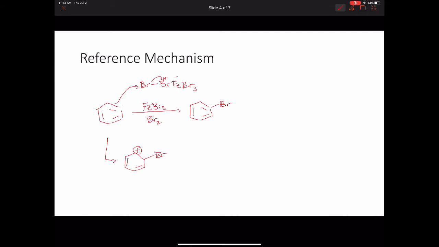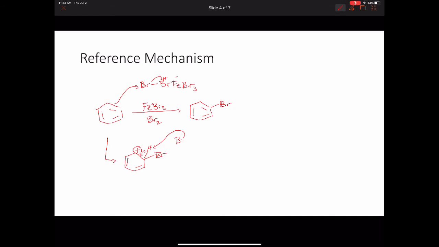We get to this carbocation intermediate where the bromine is attached to one carbon and you have the carbocation at the ortho position. You still have this hydrogen from the initial benzene left.